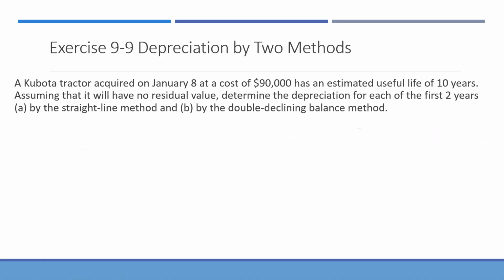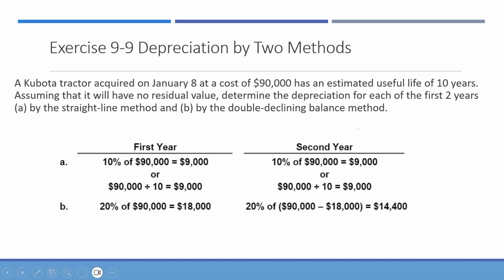And under this method, we're using straight line and double declining balance method to depreciate a tractor over 10 years, and no residual value. So under the straight line method, we take 10% of the historical cost each year, which is $9,000 because it's 10% of 90,000.